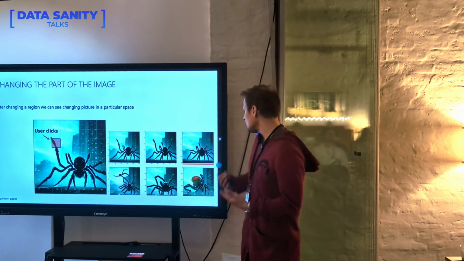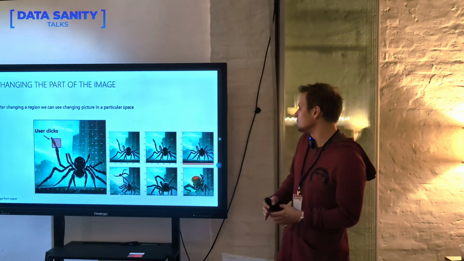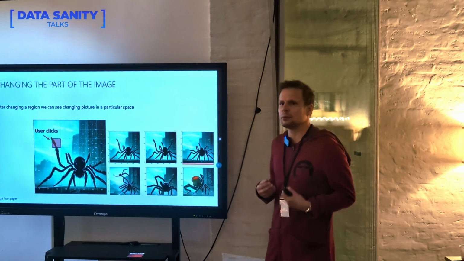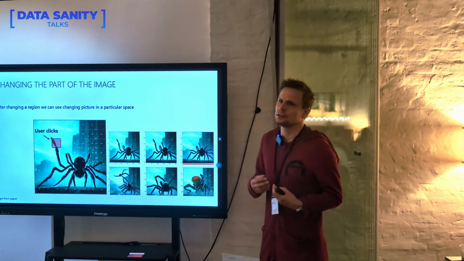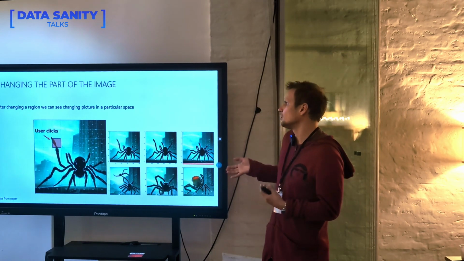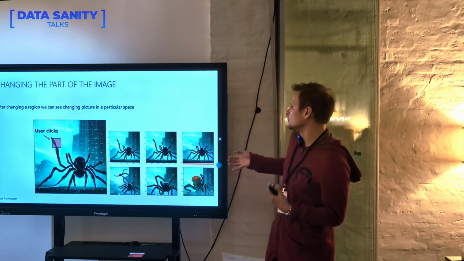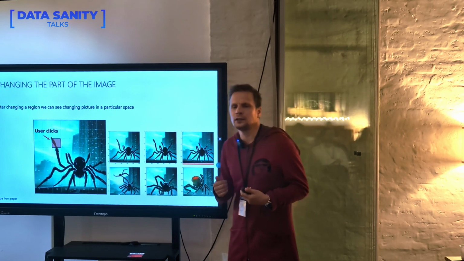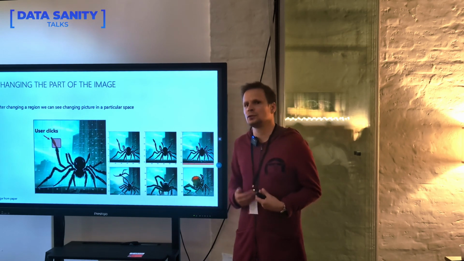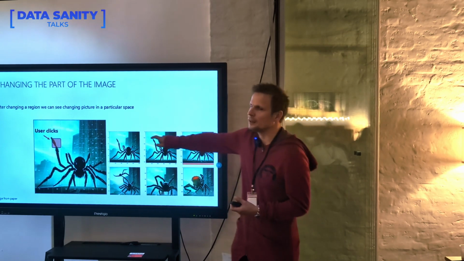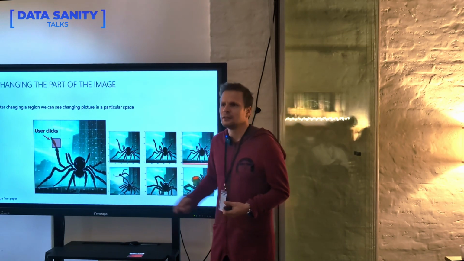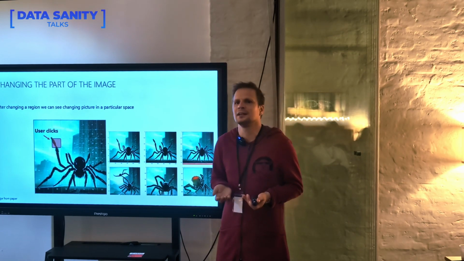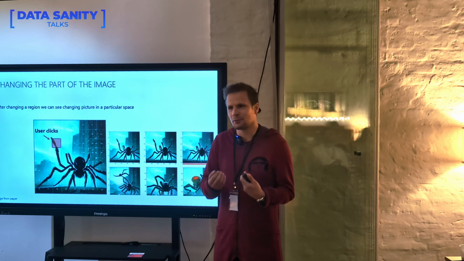And with manipulating this, we are providing the user opportunities. Why is it so great as a result of this research? Because we can provide the user different results of what he wanted. For a neural network, it's a big problem to understand what the user really wants. When the user clicks here and says, I want to change this, it's really hard, even for real people, for a designer, to understand what the customer really wants from him.